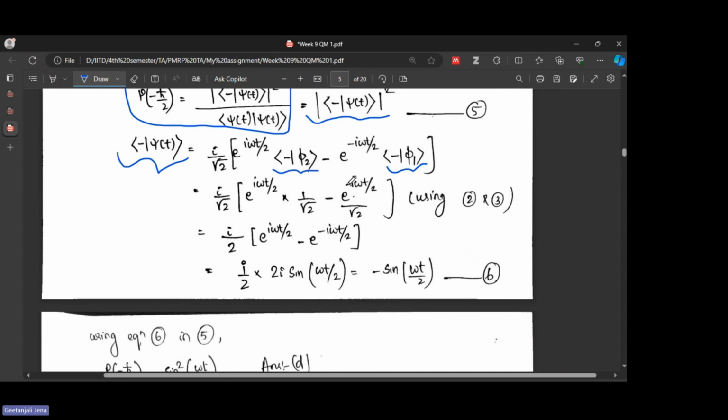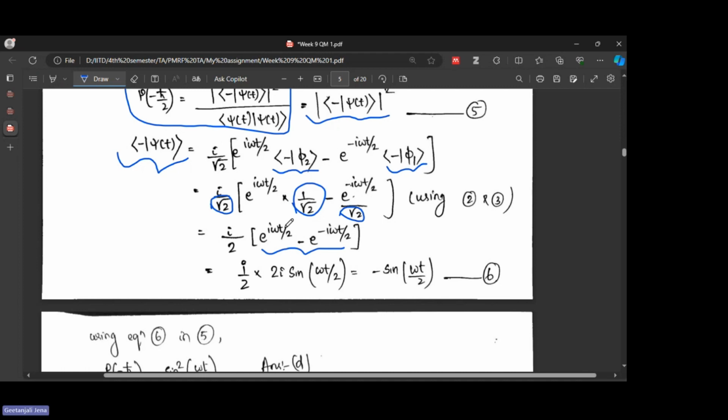There is a common factor 1 by root 2, so let's take it out. The total will be i by 2 times the exponential term e to power i omega t by 2, and the other term e to power minus i omega t by 2.